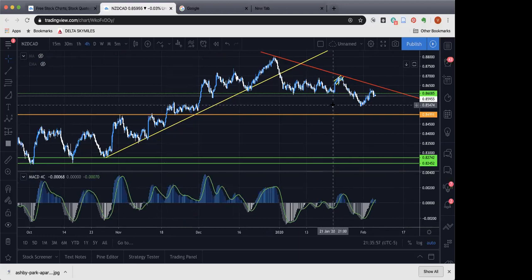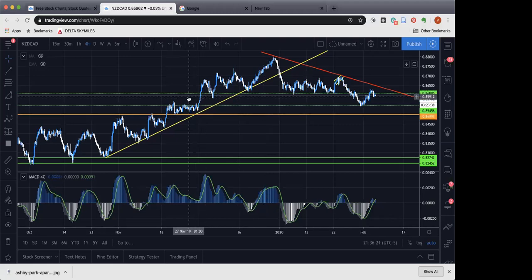And what is this? It's a key zone because guess what? Why is it a key zone? That's where price consolidated. That's what I was getting ready to say.